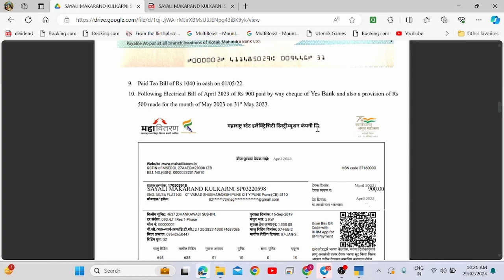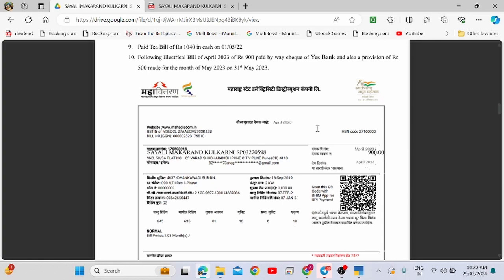In actual practice we pass two entries here also. No harm in passing two entries, but why increase our work? Because here they have clearly said that we have given a check of S Bank to the electricity company for paying the electricity bill. Therefore directly in the payment voucher type, electricity bill to S Bank, or as I said, first electricity bill to MSCB in the journal, or in the purchase of services in the purchase voucher type, and MSCB to S Bank.